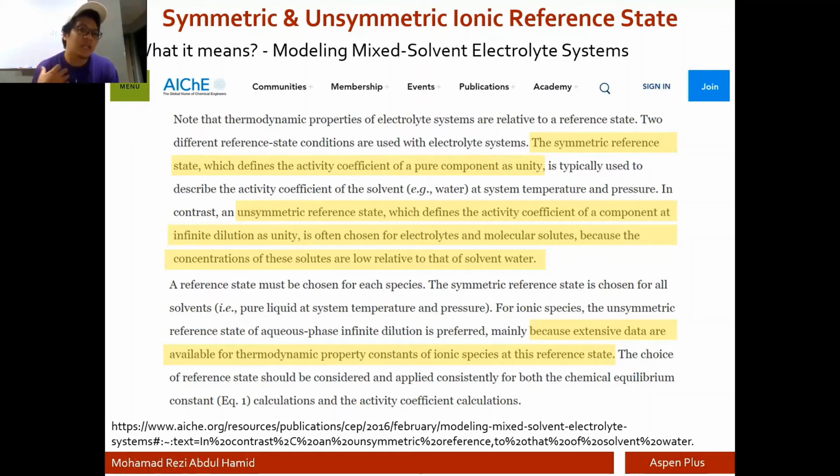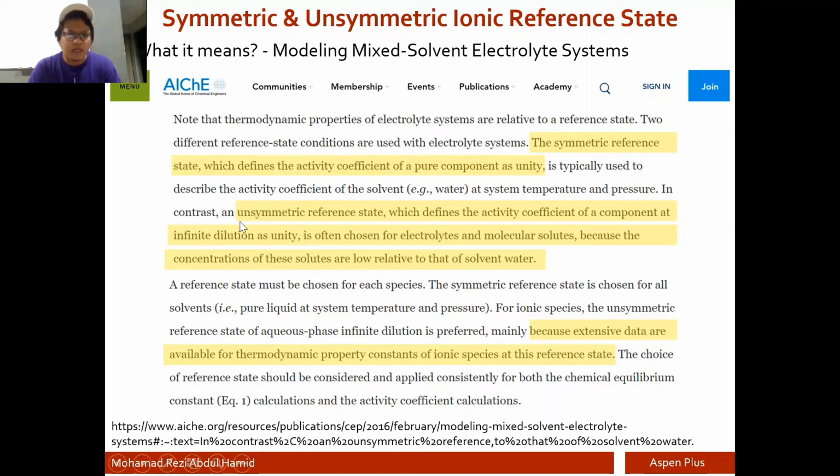However, in our case, we have an electrolyte system where we have cation and anion, but this anion and cation are diluted in water. The concentration of these ions is relatively low compared to the solvent.